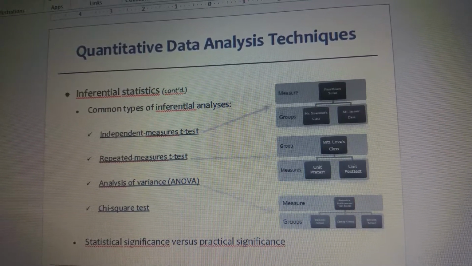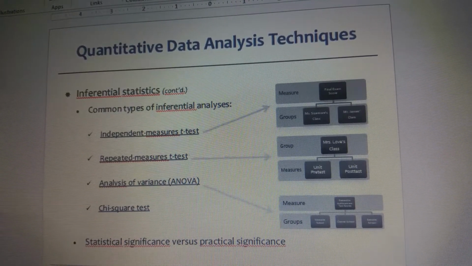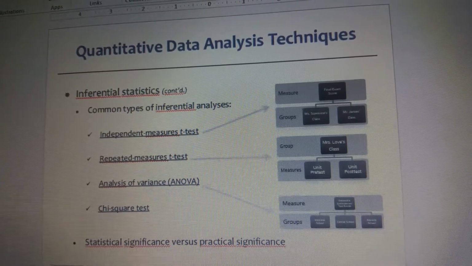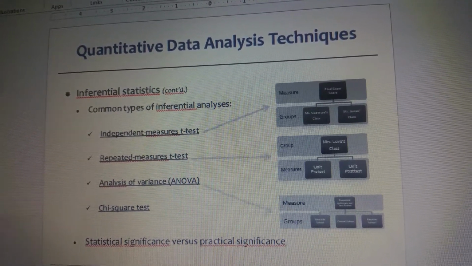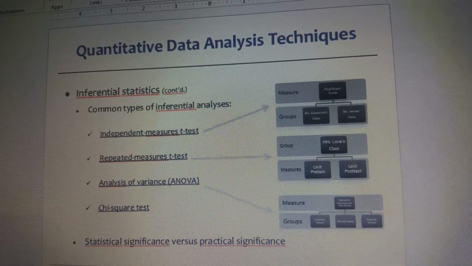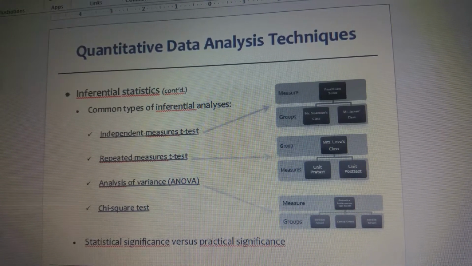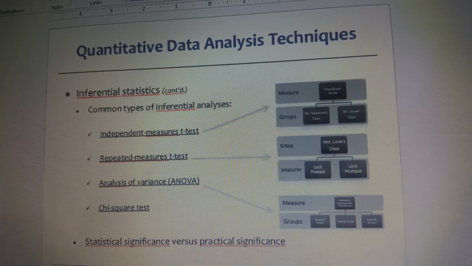The last point I want to discuss here is statistical significance and practical significance. Sometimes, especially when we have a large sample size, the probability of getting a significant result is high. So, for example, if I want to measure the correlation between two variables and I find that the correlation is .25, and statistically I find it significant.